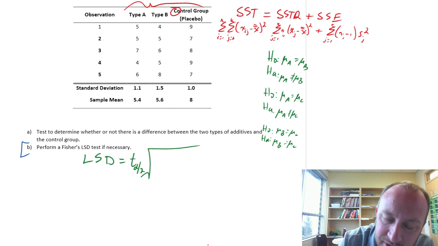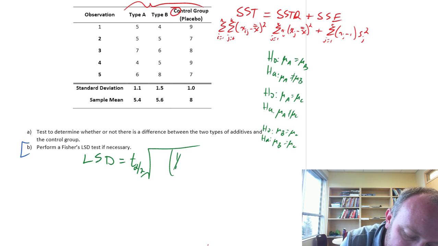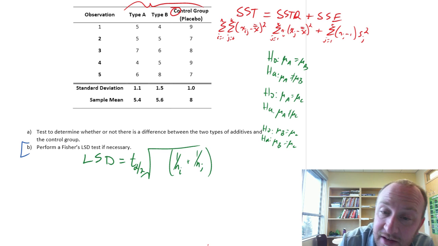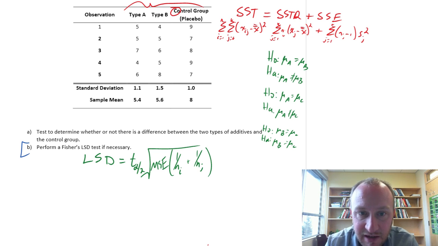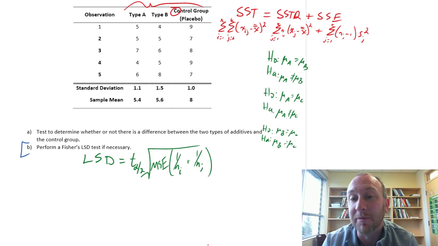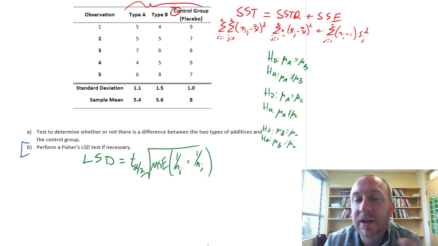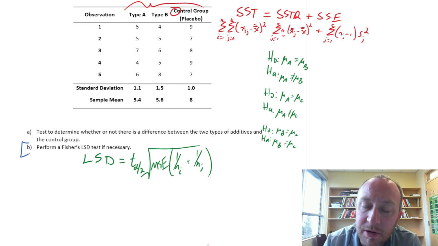It's very similar to what we used when we were calculating confidence intervals for 2 different populations, but of course here we have a little bit of ANOVA sneaking in there, because our best unbiased estimate of the variance is not a sample variance anymore. Now it's MSE, the mean squared error, coming from our ANOVA table.